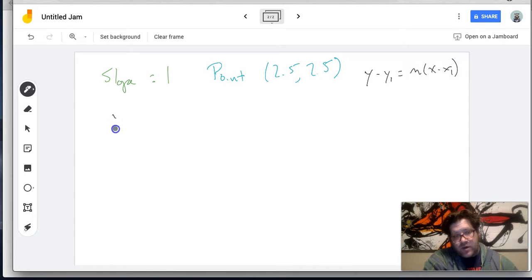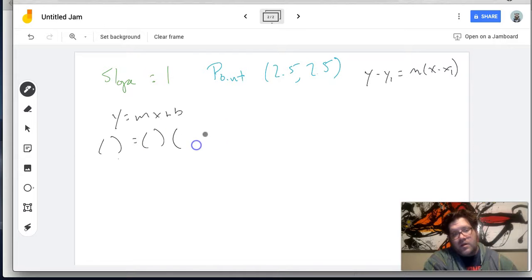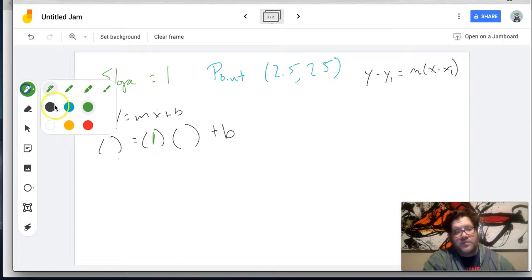So I'm going to say y equals mx plus b. I need to figure out what b is. Okay, so let's plug stuff in. My slope is m, so that's 1. My points are 2.5 and 2.5. Multiply my stuff together.